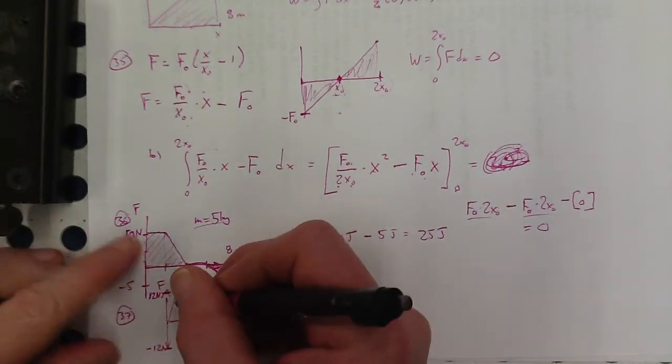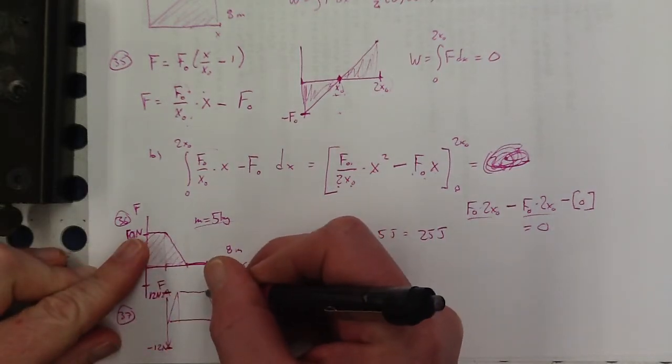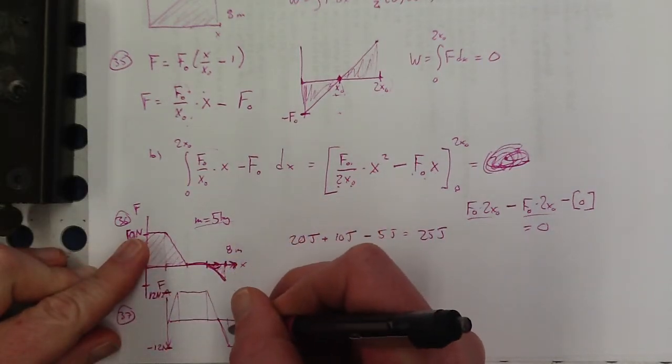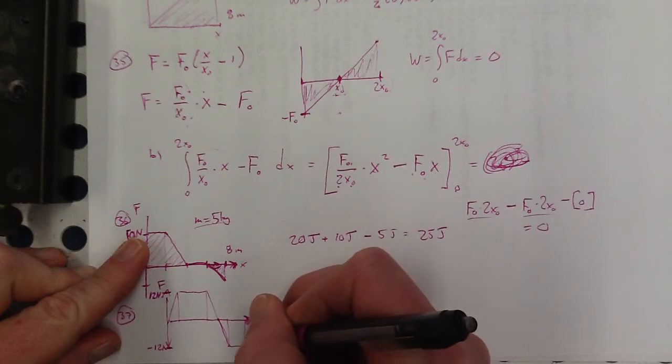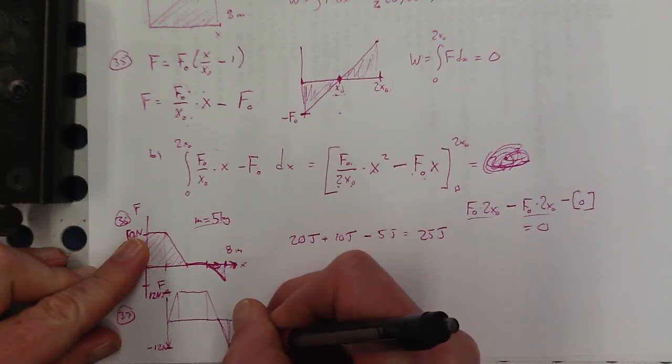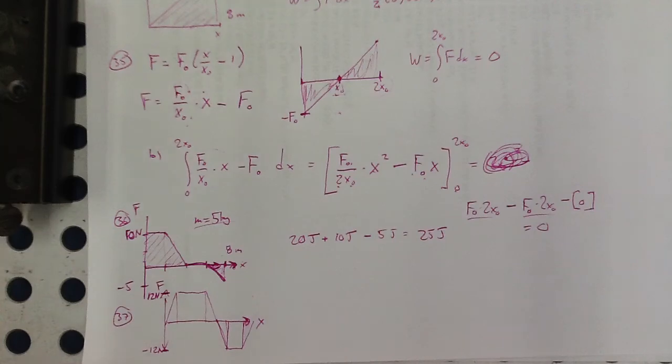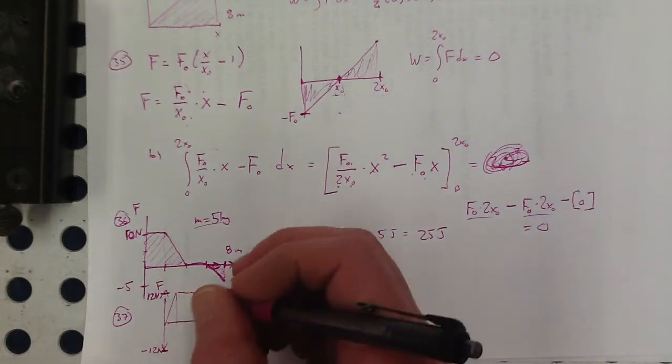Okay, so we need to find, I'm presuming we just need to find, oh, we need to do a bunch of different areas. Okay, so let's see. This is from 0 to 9 here.